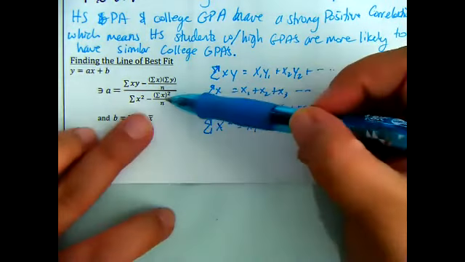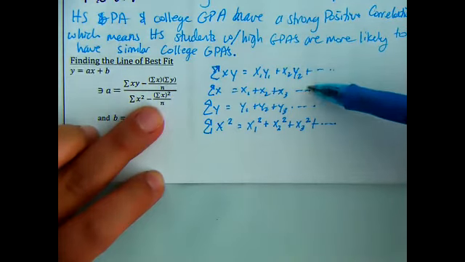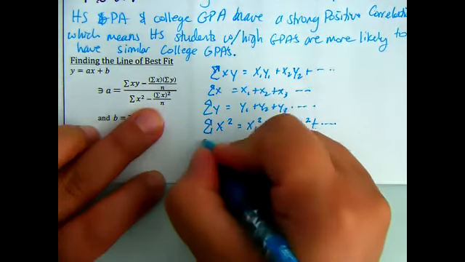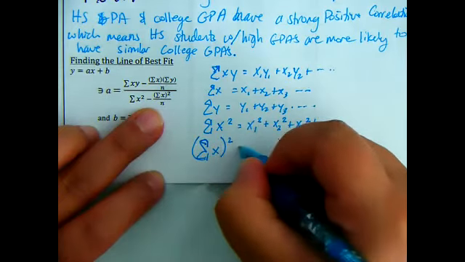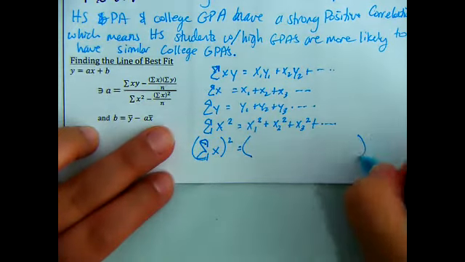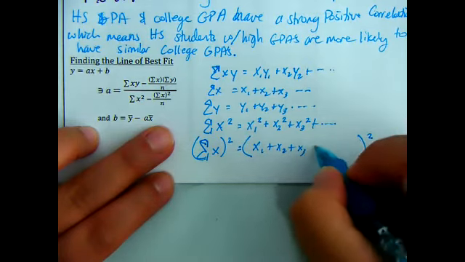But then you have summation of x quantity squared, which means you're taking this guy right here, the summation of your x's, and you're squaring that, right? So it's literally the quantity squared of your x1 plus x2 plus x3 and so on.